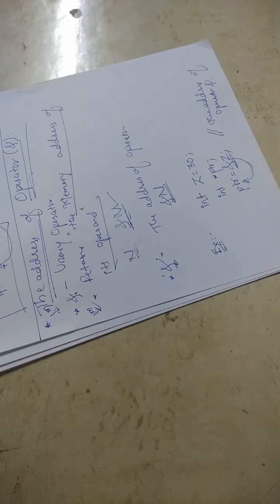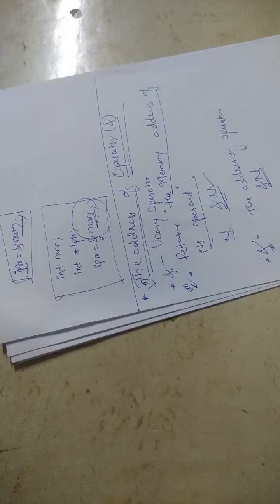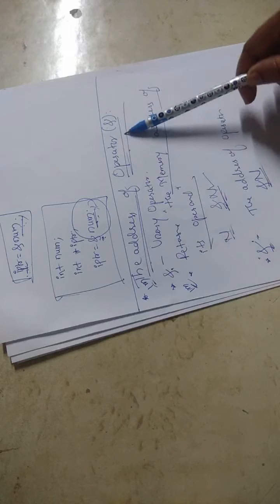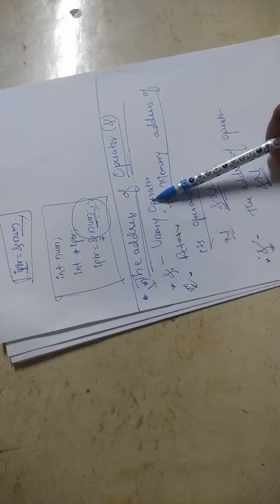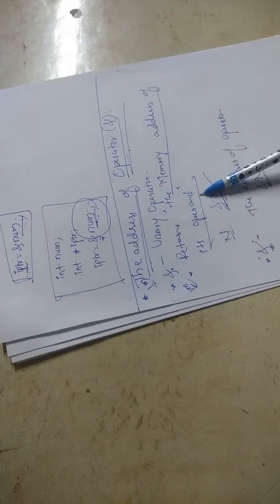Then what is the use of the address of operator, what is it called, and when is it used? The operator we use in pointers is the ampersand operator. It is called the address of operator. It is a unary operator and it returns the memory address of its operand.